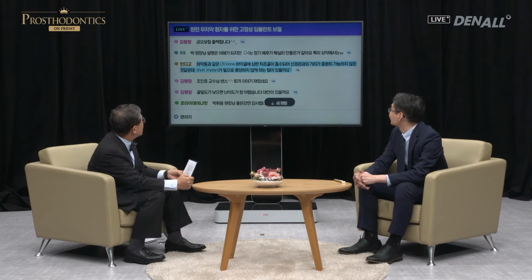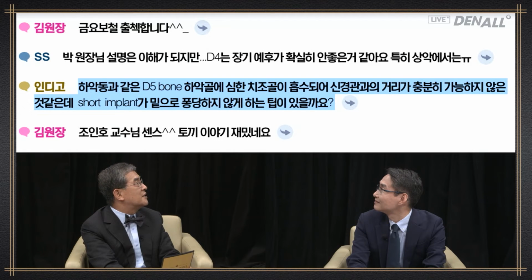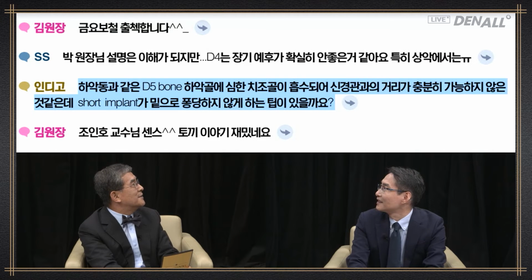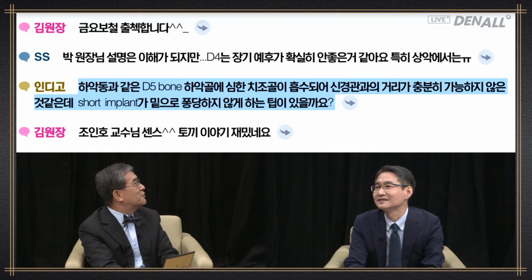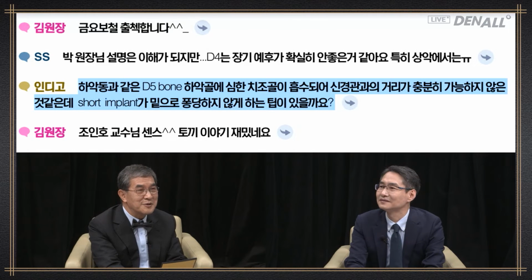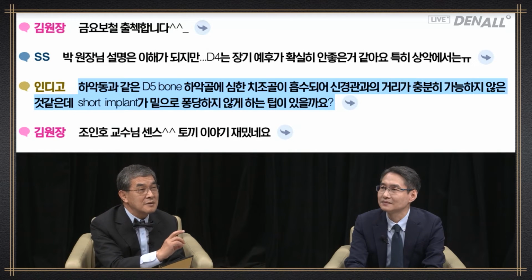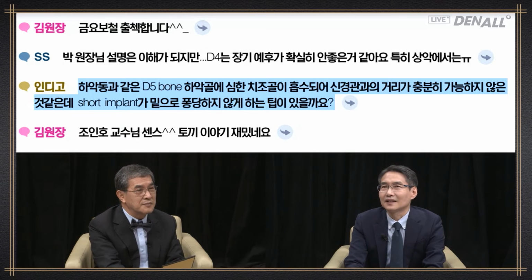I understand Dr. Park's explanation, but I believe D4 bone has bad long-term prognosis, especially in the upper. Yes, long-term prognosis of D4 bone may differ compared to D3 or other bones, but this is not impossible.